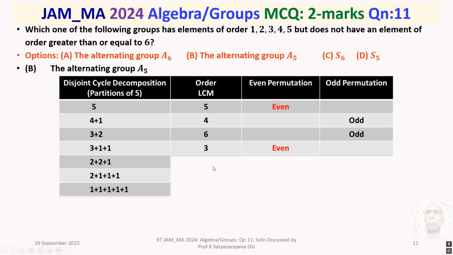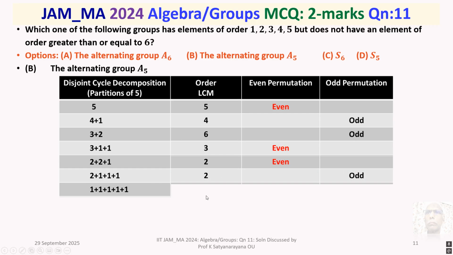Therefore, it's even, and the LCM is 2. For 2 plus 1 plus 1 plus 1, it is 1 transposition, which is odd, and the LCM is 2. And for 5 ones, the order is 1, and it is an even permutation, that is the identity transformation. The even ones are here. These are the elements of A5.